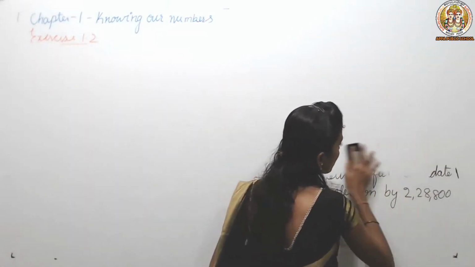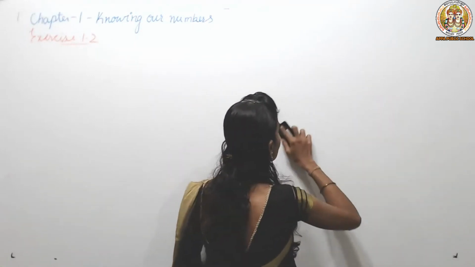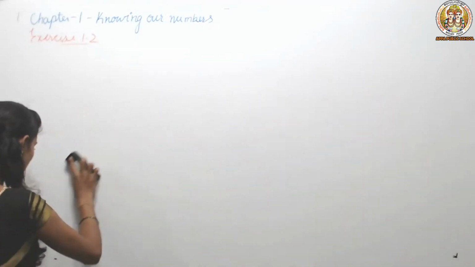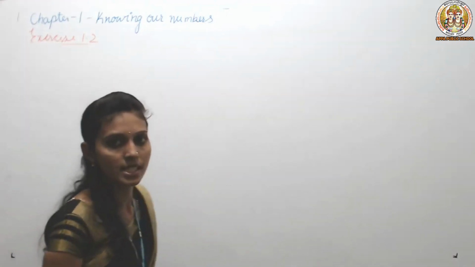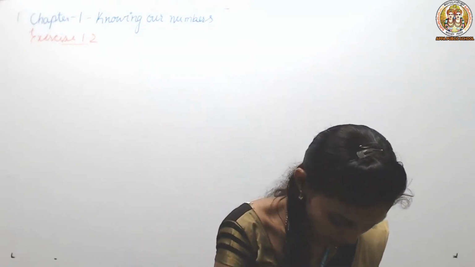In the first week and in the second week of the June month, they have given the sale and they ask what is the total sale for 2 weeks together and in which week the sale was greater and by how much. This much they have asked. I'll write the question on the board once again.